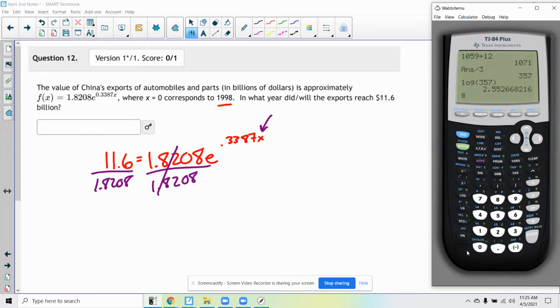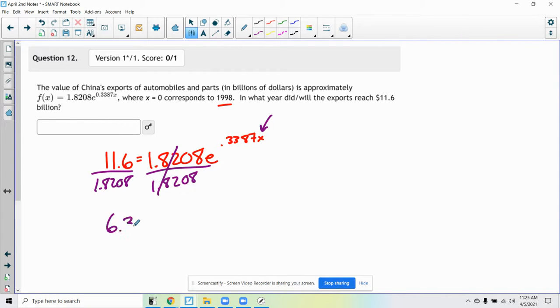So I get 11.6 divided by 1.8208. I get 6.37 equals e to the 0.3387x. Now I can convert.